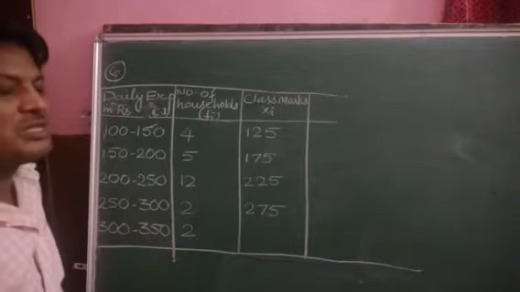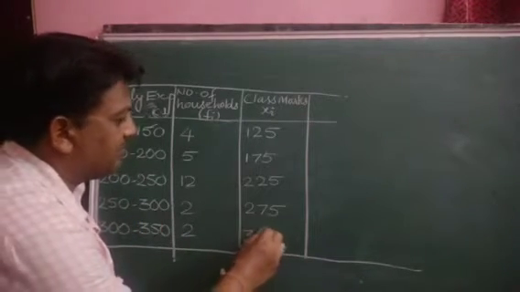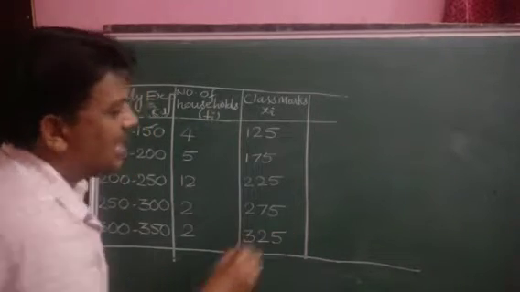And 300 plus 350 is 650, and 650 by 2 is 325. These are the class marks.